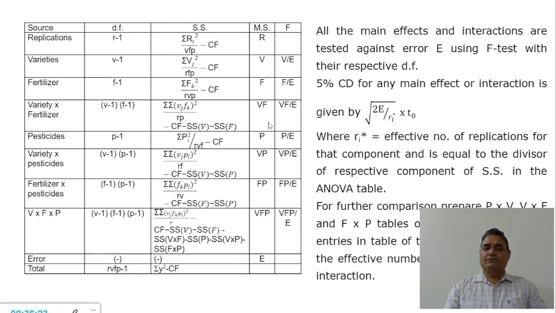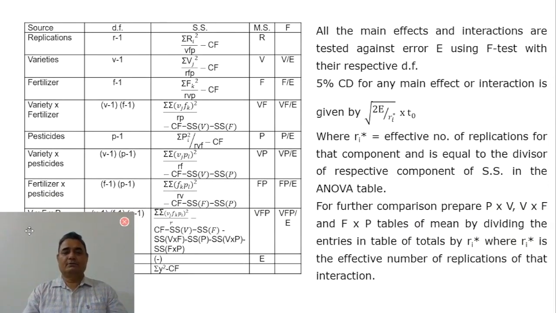If this F is found to be significant, then we move further to compute the CD and compare the means of different levels, as we did in the two-factor case. All the main effects and interactions are tested against error using the F-test with their respective degrees of freedom.